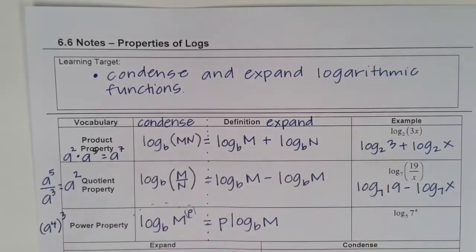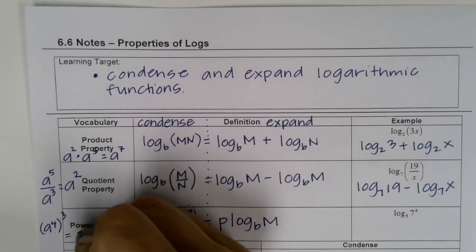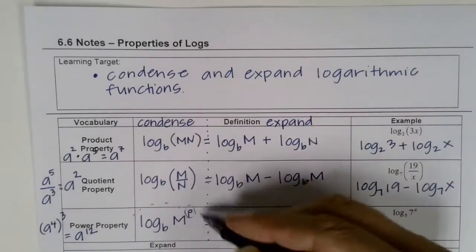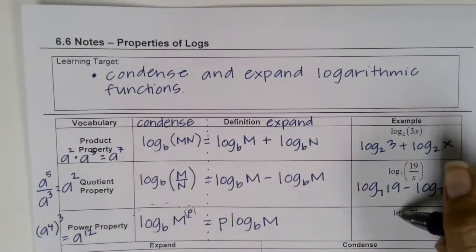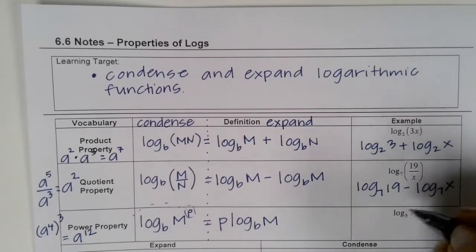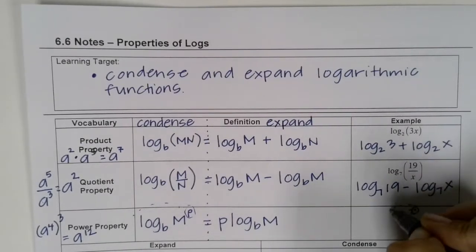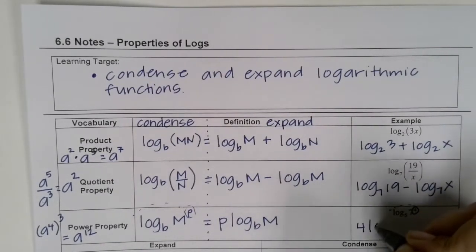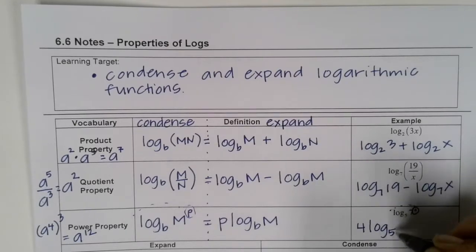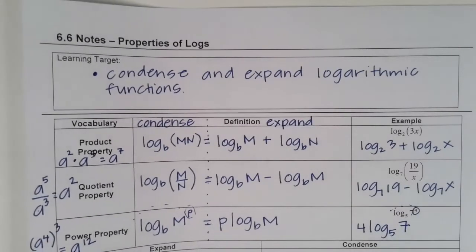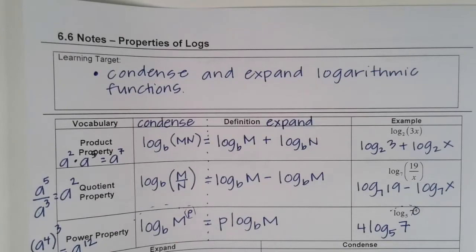If you have a to the fourth raised to a power, what do you do with those exponents? You multiply. So that's a similar thing here. So we have log base 5 of 7 to the fourth power. So we're going to take that 4 because it's the power and bring it down. Everything else stays the same except for the 7 now has an exponent of 1.